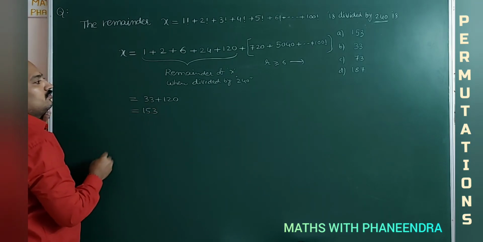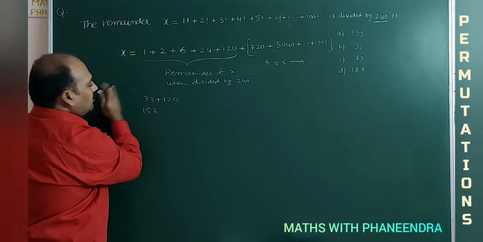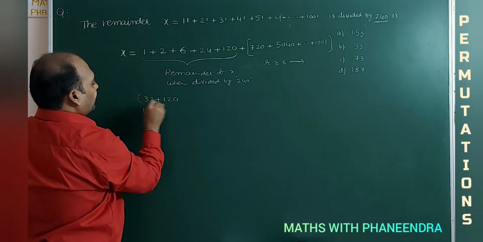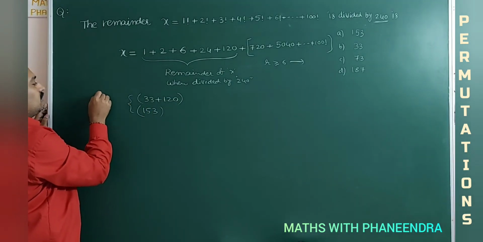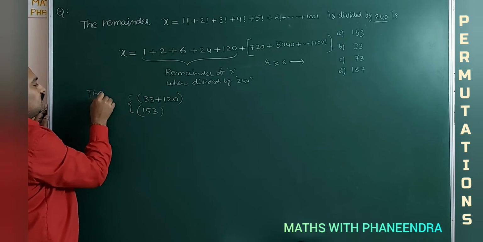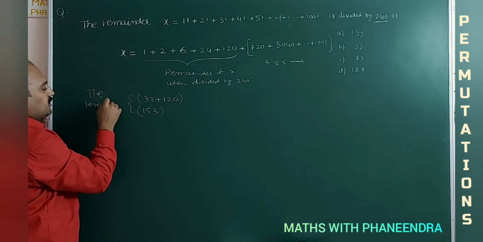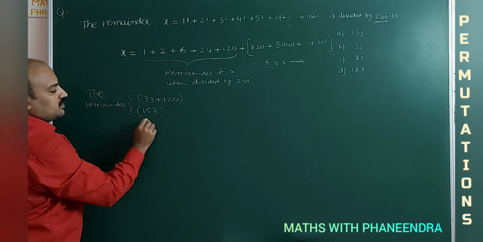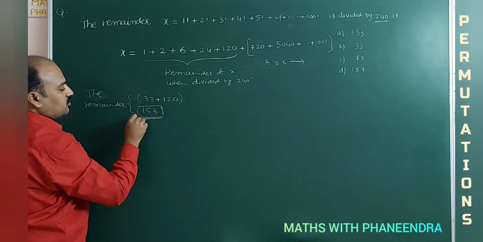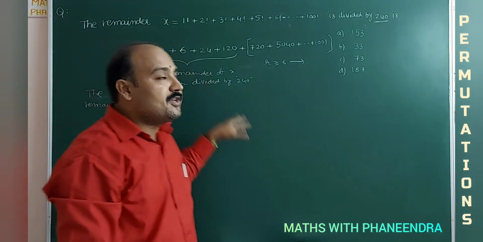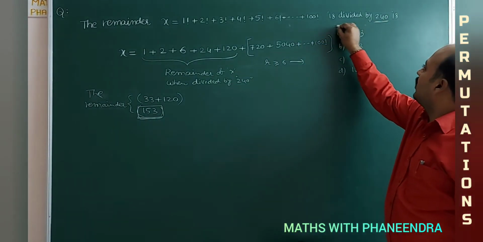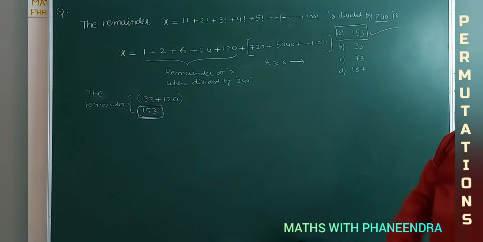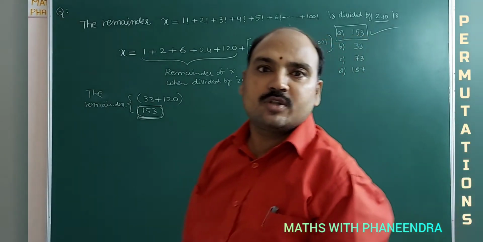Therefore, we should not write equal. The remainder is 153. The remainder when this value is divided by 240 is 153. It is there in the first option, dear students. We will move on to the next question.